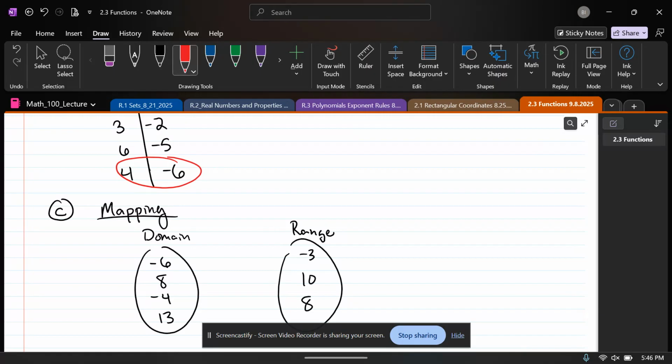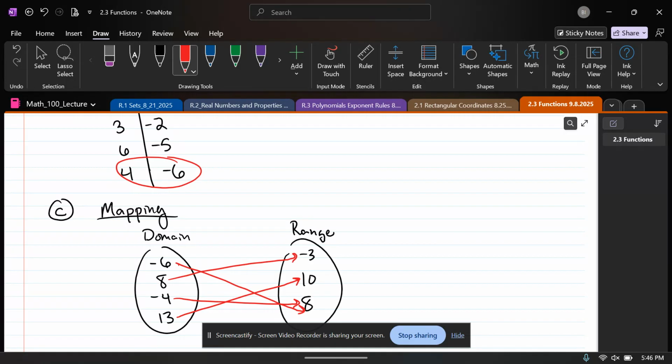And then to create the ordered pairs in a mapping, what they do is they draw arrows to the corresponding value. So -6 goes to the 8. 8 goes to the -3. -4 also goes to the 8. 13 goes to the 10. And they'll have those arrows already drawn. You don't have to make that up. It's going to be there.